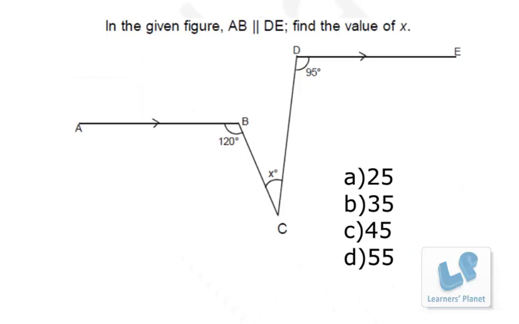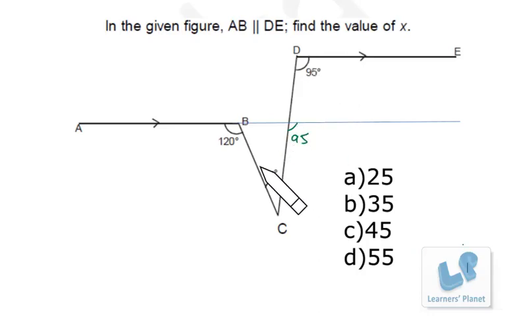In the given figure, AB is parallel to DE. Find the value of x. So first of all, let's complete this figure by just extending this line AB. So now we can find out the value of x easily. This angle is 95 degrees, so this angle will also be 95.